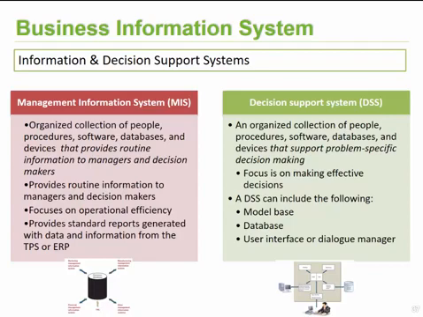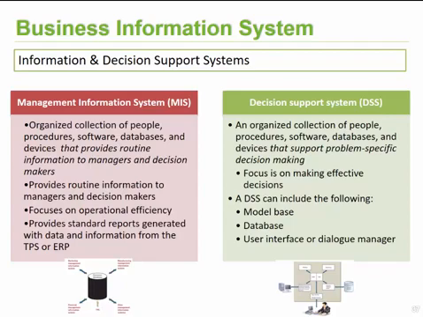The aim here is to allow them to reach more effective conclusions, so to get to better decisions. Typically we would find various components within these types of systems, for example a model base, a database, a user interface and a dialogue manager. At a later stage we will look at these aspects.